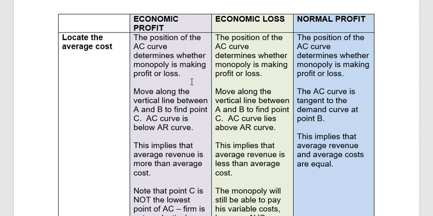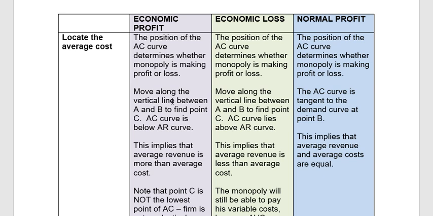Now again, if we go to the graph, which I'm going to do just now, obviously at my profit maximization point, I need to find the value of my average revenue and the value of my average cost, because that is going to indicate to me profit or loss. So I need to look at the positioning of the average cost curve in relation to my average revenue curve.